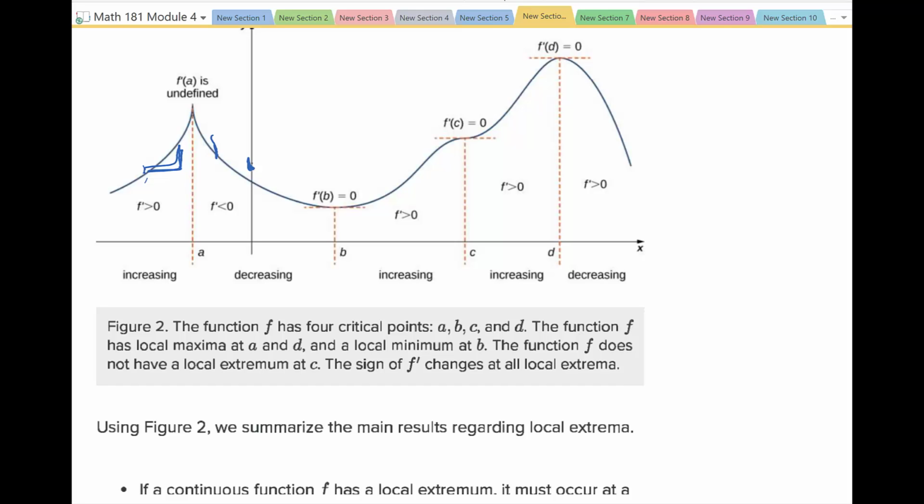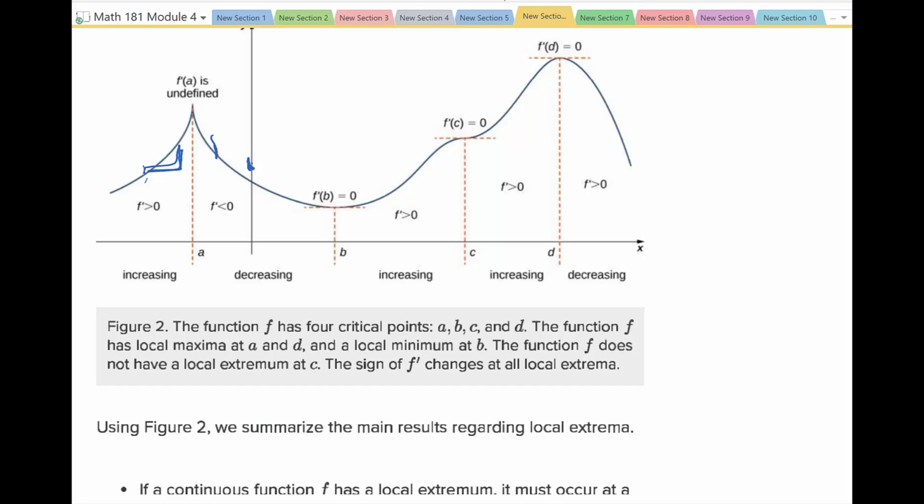So we're going to talk a little bit about concavity and points of inflection. Concavity, you probably recall the definition of what's concave. Basically, concave down is that, concave up is that. So we're looking for times it's concave up or concave down.